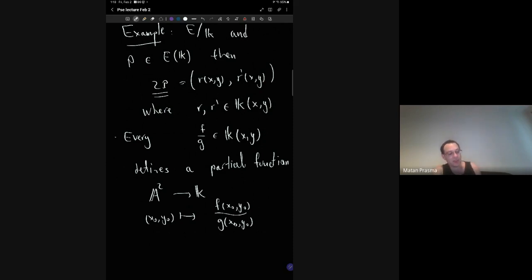But of course, this is a partial function, because when (x0, y0) nullifies g, or when it is a root of g, then this function is not defined.